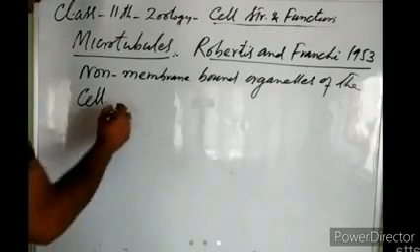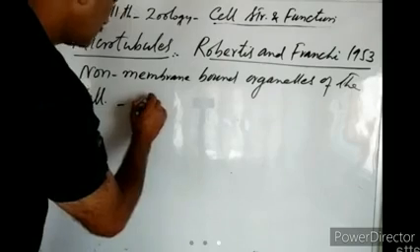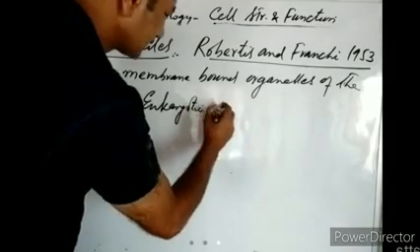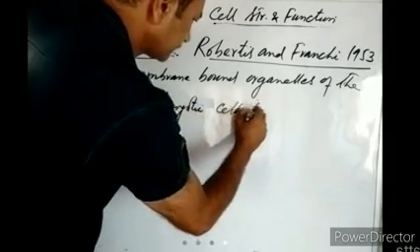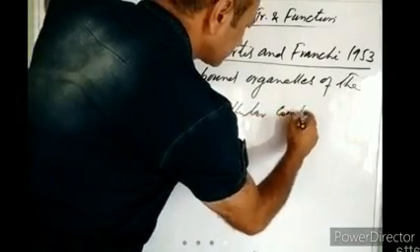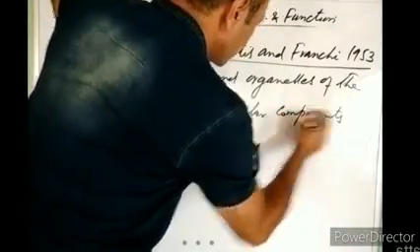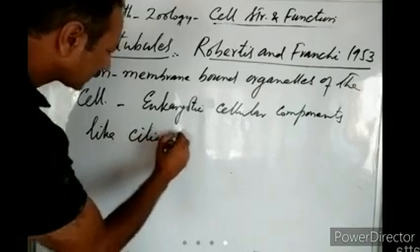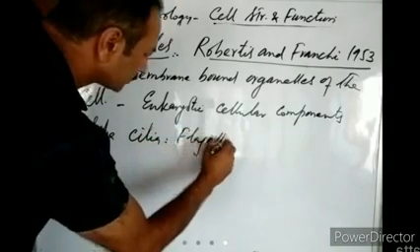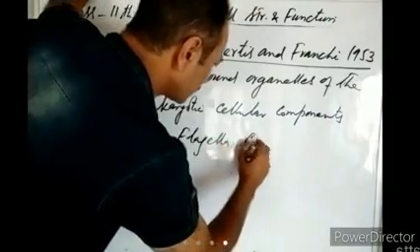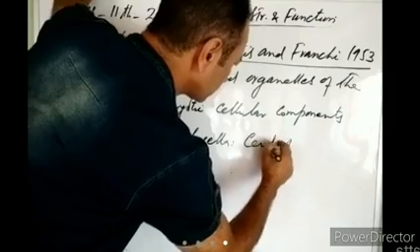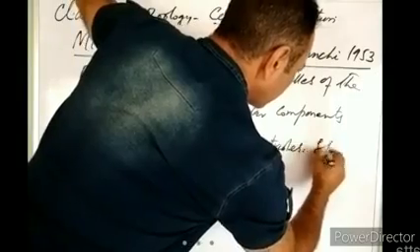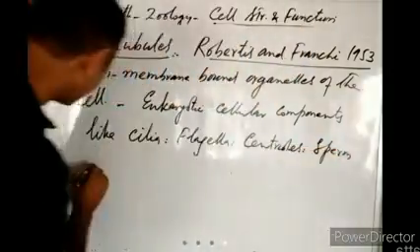These microtubules form eukaryotic cellular components like cilia. So they are found in cilia, in flagella, in centrioles, and in the sperm tail.